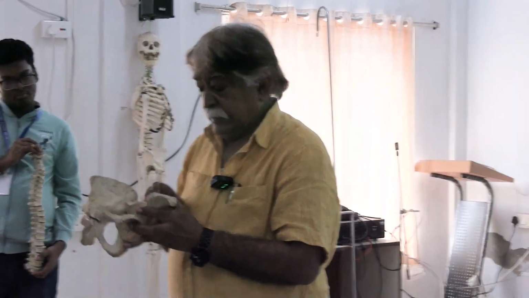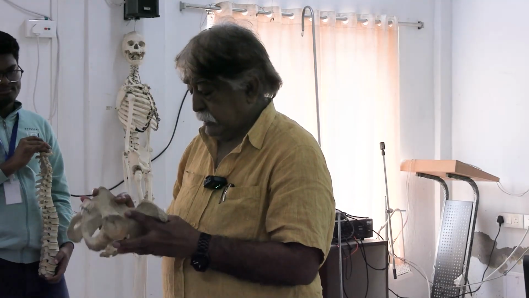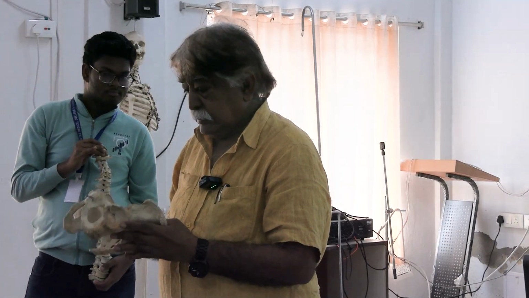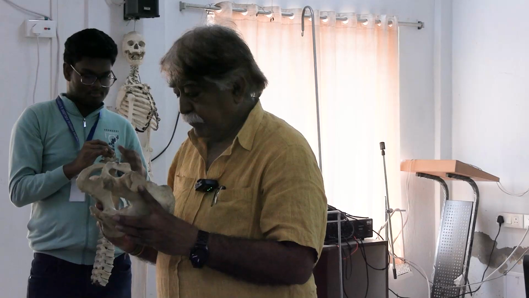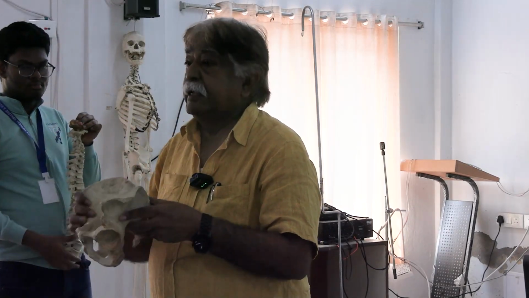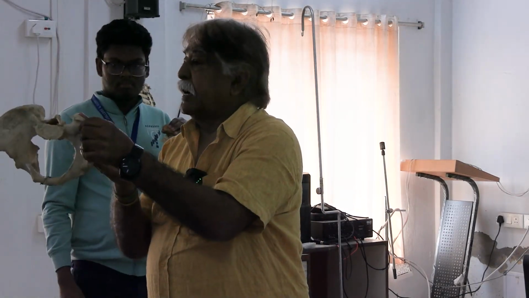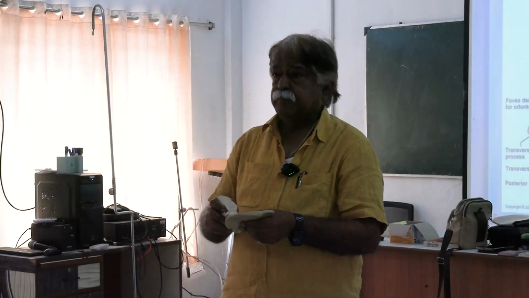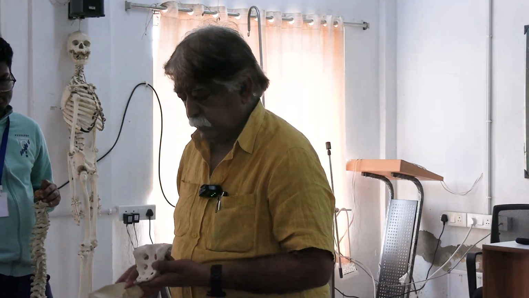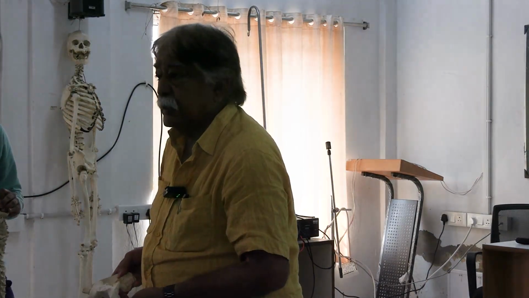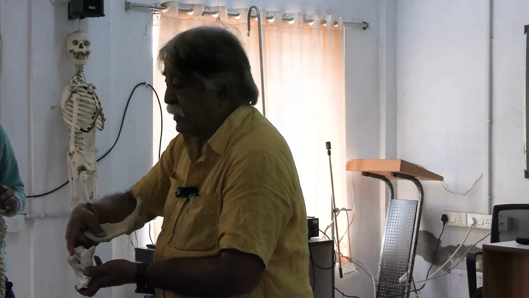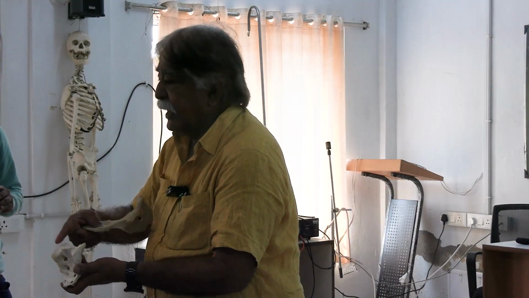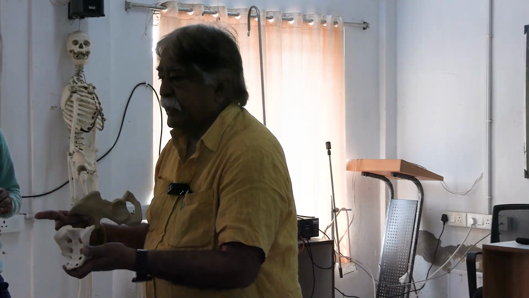This has two ala. See, the ala are the sacroiliac joint. You hold the sacrum like this. The sacral promontory anteriorly, the ala of the sacrum laterally.